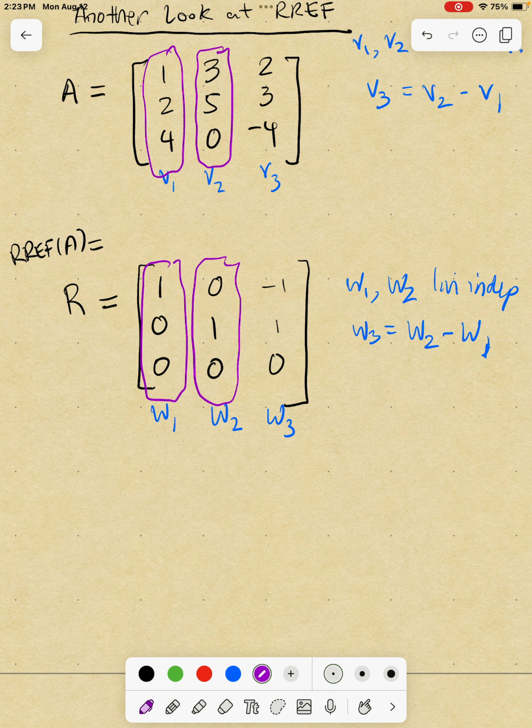And any column that's linearly dependent, or any non-pivot column, is going to be a linear combination of the previous pivot columns, in the same way as this non-pivot column is a linear combination of the other columns.